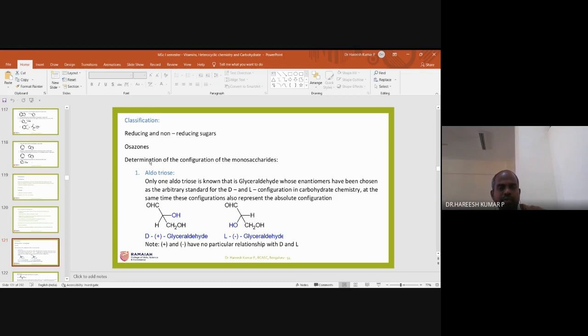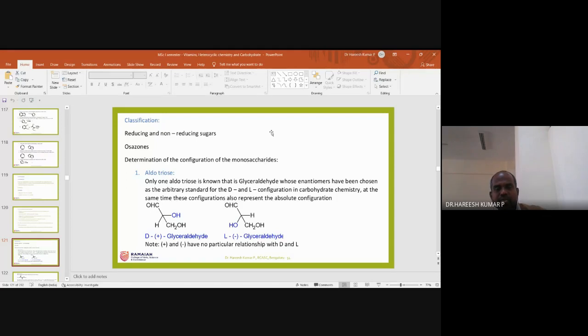And another type of classification of carbohydrates is osazones. So now let's give a heading called determination of configuration of monosaccharides. Monosaccharides means only one unit.